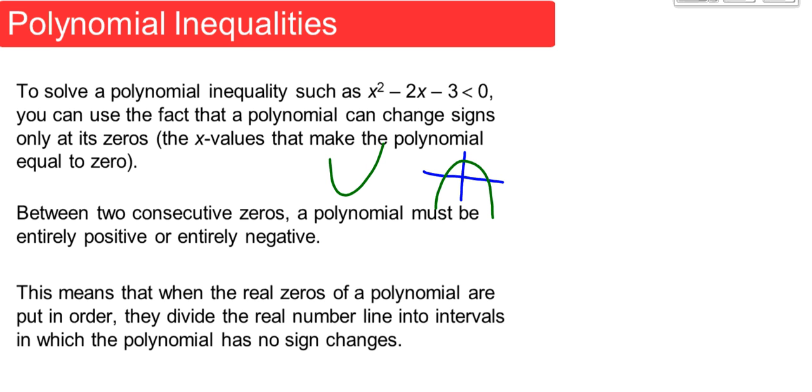Between any two consecutive zeros, the polynomial has to be entirely positive or entirely negative, regardless of whether it just touches at that zero or crosses at that zero.